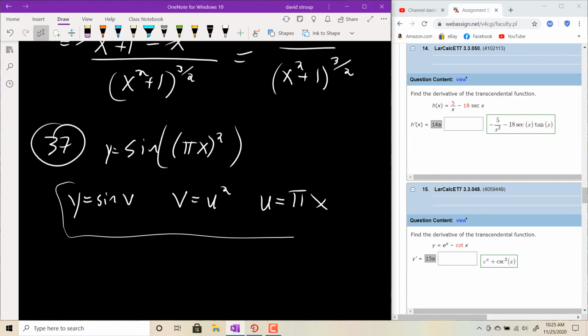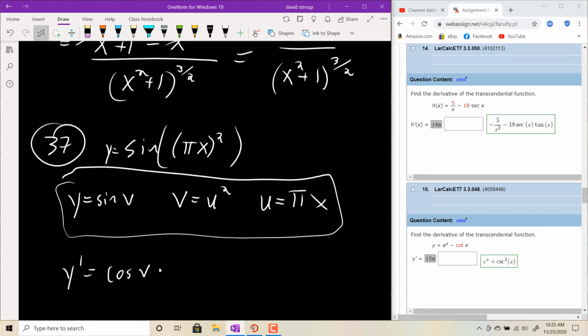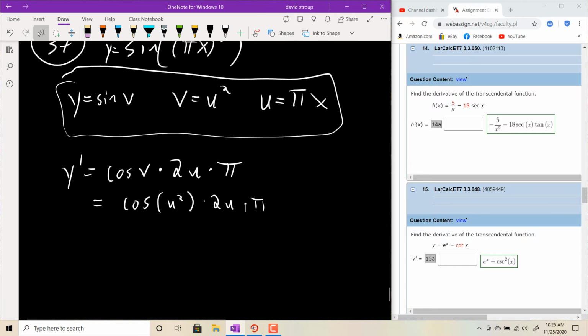And then to get the derivative, you just take the derivative of each one of these parts and then multiply them together. So y prime will be cosine of v times 2u times pi. And then it's just a matter of back subbing. Okay, so cosine of u squared times 2u times pi, and then u is pi x.